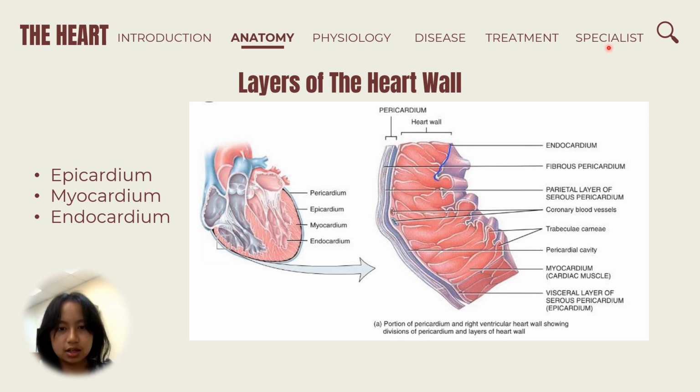Note that the myocardium is the thickest among the three layers because it is responsible for the pumping action of the heart and is composed of cardiac muscle tissue, which makes up approximately 95% of the heart wall.